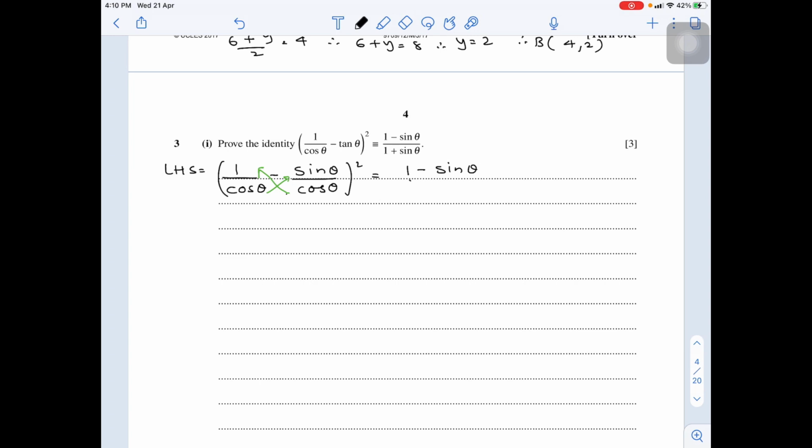So that's 1 minus sin theta. I don't need to cross multiply, in fact. I can just take common denominator, which is cos theta. So I can try this instead of cross multiplying. When I cross multiply, I'm getting extra terms. So let's try this. 1 minus sin theta over cos theta, squared.